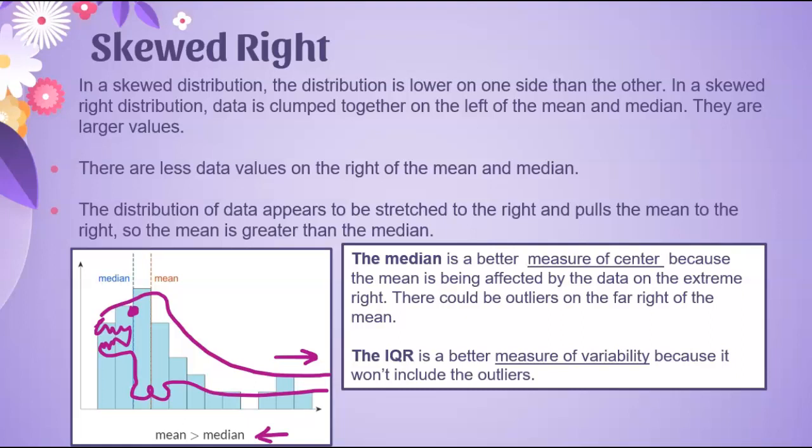The interquartile range and the median are going to be better measures of describing your data. So remember, we can describe it by the shape, so it's skewed to the right, and we can also go on to describe it using the median or the interquartile range when we have skewed data.